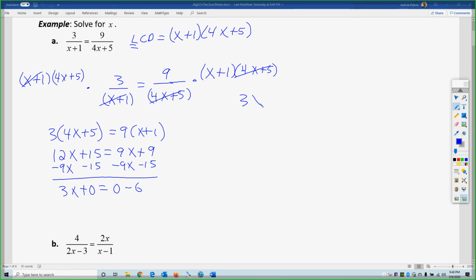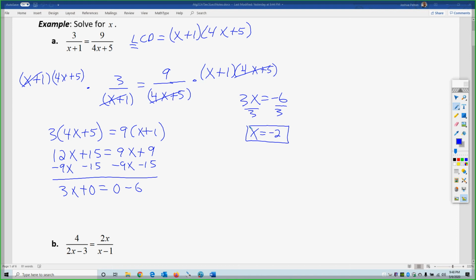So 3x equals negative 6. Divide by 3, x equals negative 2. All right, that seems to work here. Just check to make sure when you plug it back into the original problem, it does work properly, which in this case it does. So negative 2 is a valid answer.